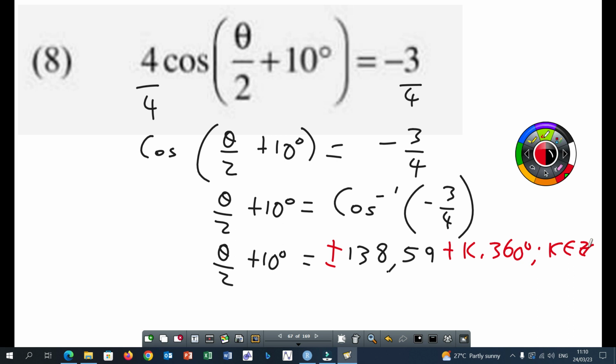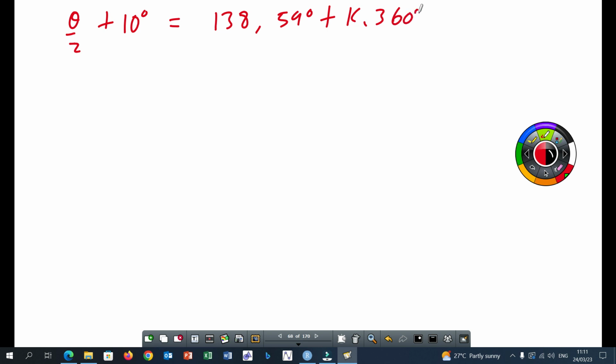We are solving for theta. For this question, we might have to break it up into two: the positive reference angle and the negative one. I'm going to start with the positive reference angle, because these two here complicate things. So we end up having theta over 2 plus 10 degrees equal to 138,59 plus k times 360, where k is an integer.